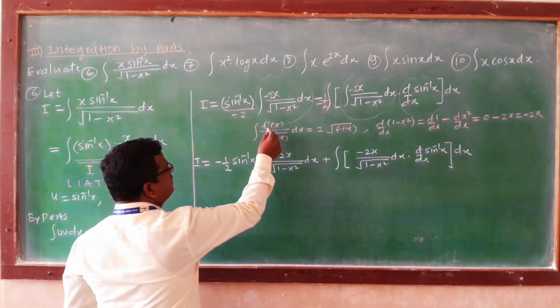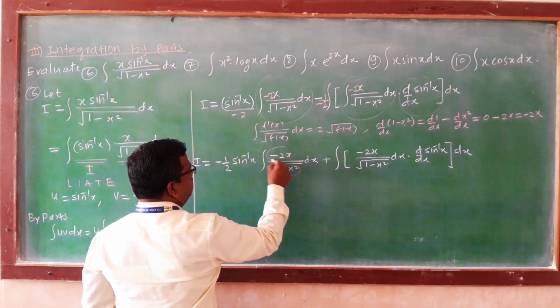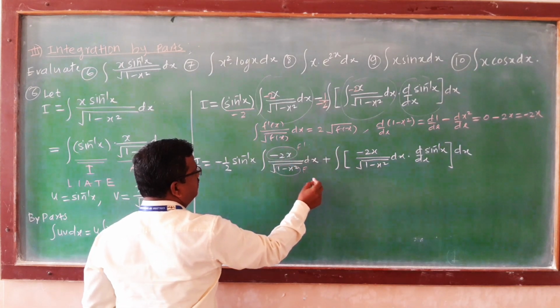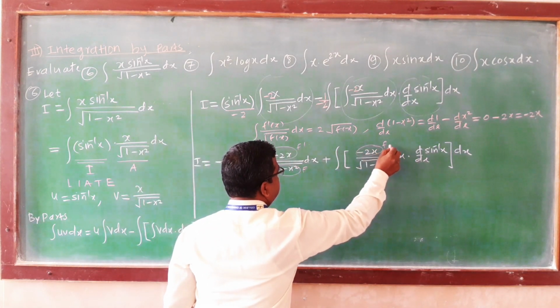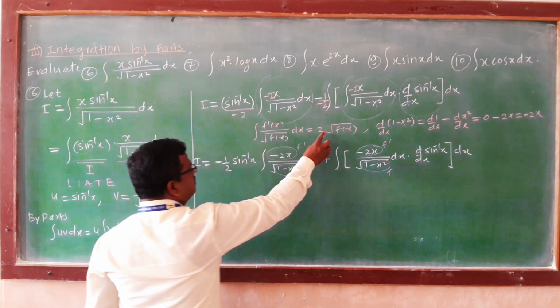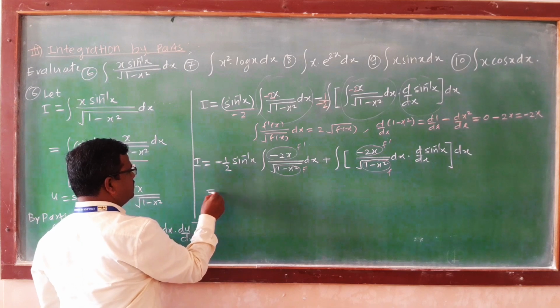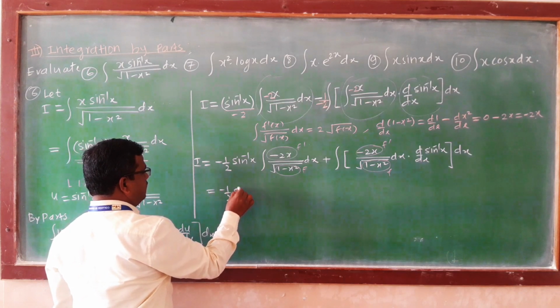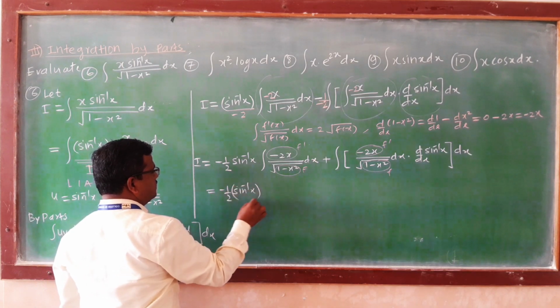Now clearly this is in the form f dash upon square root of f. Similarly this is f dash upon square root of f. So we write its integration as 2 times root f of x, which is equal to minus half sin inverse x.